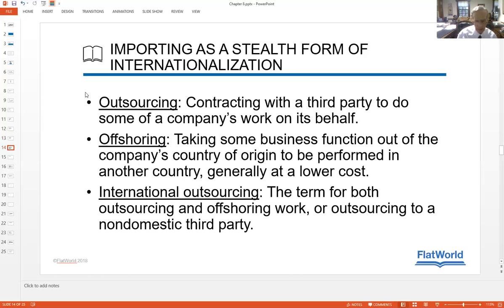And then here we have sort of an extension, a bit of a reach when we're talking about importing. And that's because these words can be used for purposes of discussing importing as well as other things.